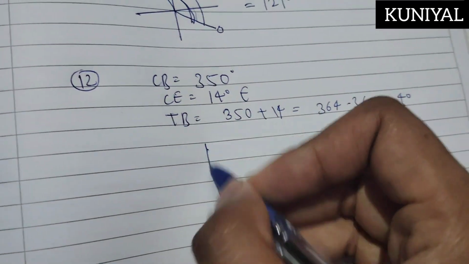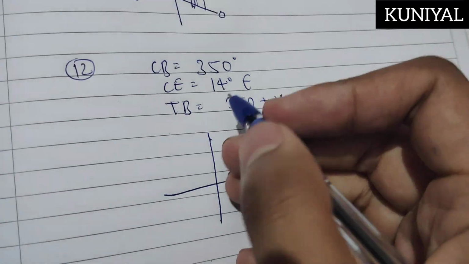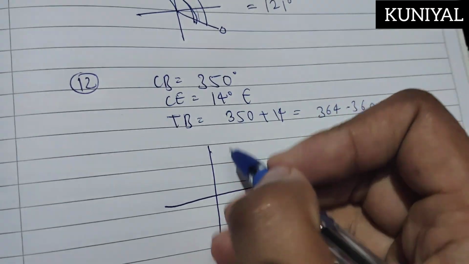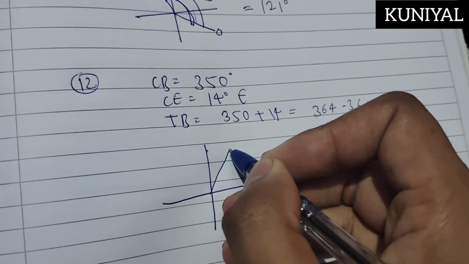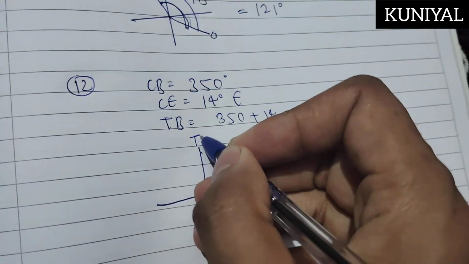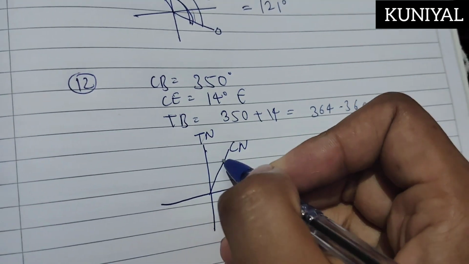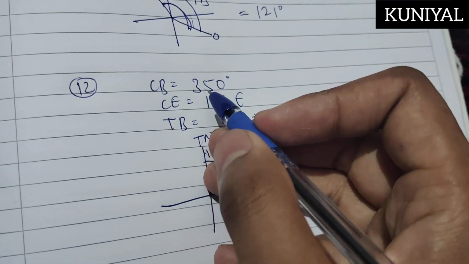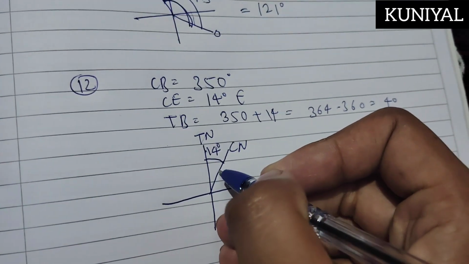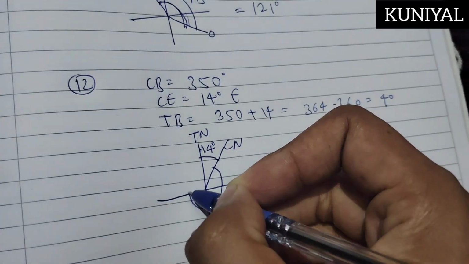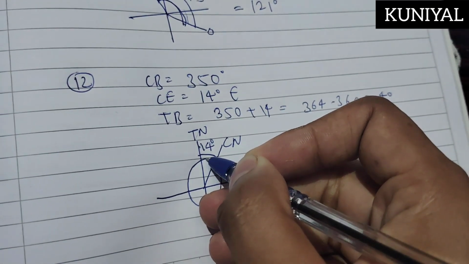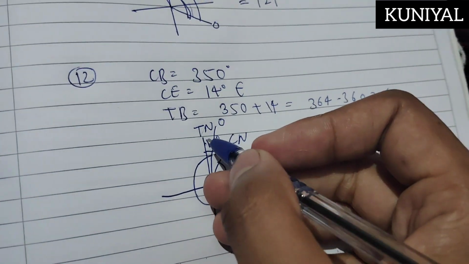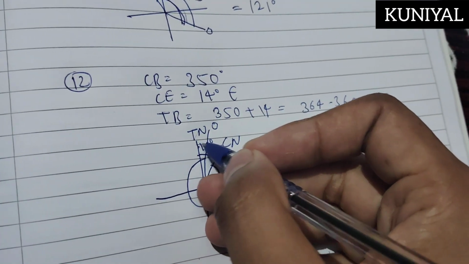So we will make a diagram. Compass bearing 350 degrees, compass error 14 degrees east. 14 degrees east means compass north is here, true north here, and this is 14 degrees. Compass bearing is 350 degrees, so from here going to 350 will be somewhere here. Here is the object, so we have to find this value, which is the true bearing.